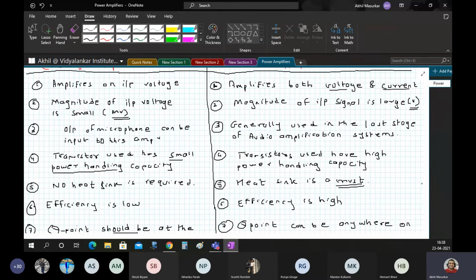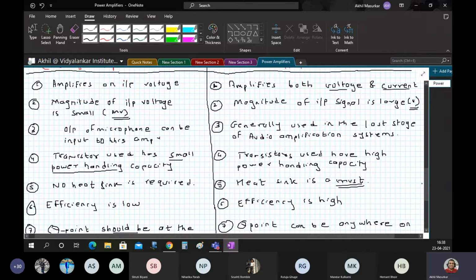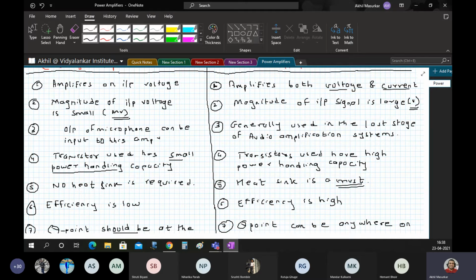I hope I am able to give you an idea of how power amplifiers are going to be different from the normal amplifiers. Of course, when you see some circuits, things will be more clear. But yes, please take 2 minutes to just note this down.